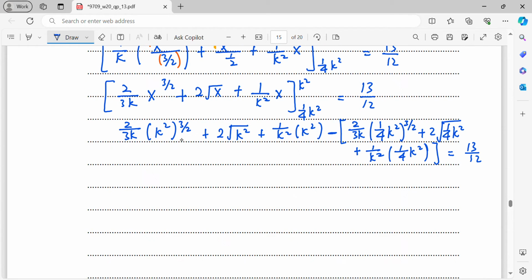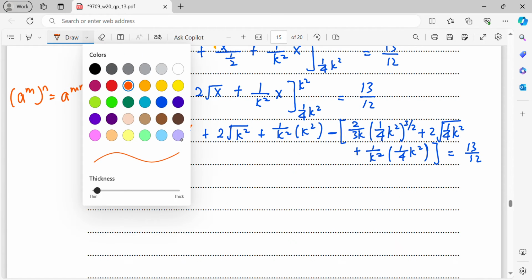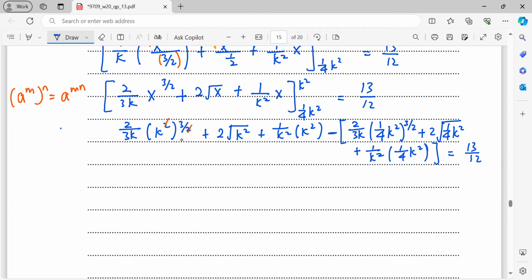Okay, so now when I simplify, square and half cancel off because we have a formula: a to the power m and another power outside, it will be a to the power mn. Therefore I'm getting 2 over 3k times k cubed. And then for the second term, square root of k squared is k. And then third term, the k squared cancel off, you get plus 1.